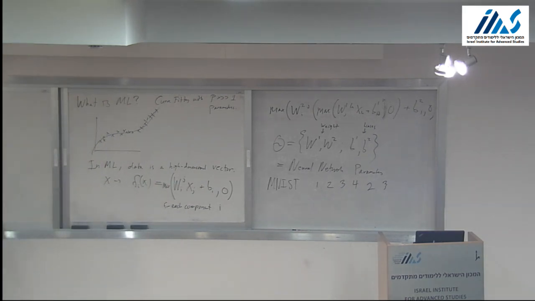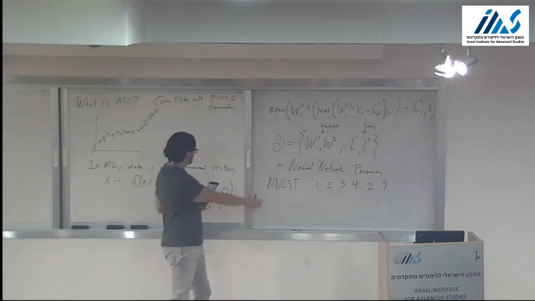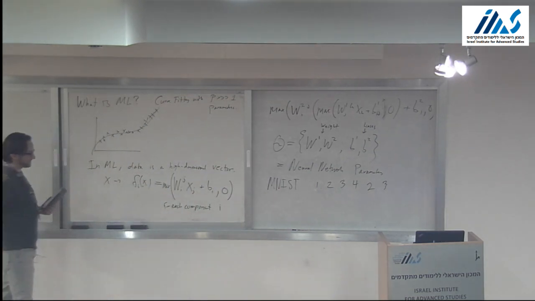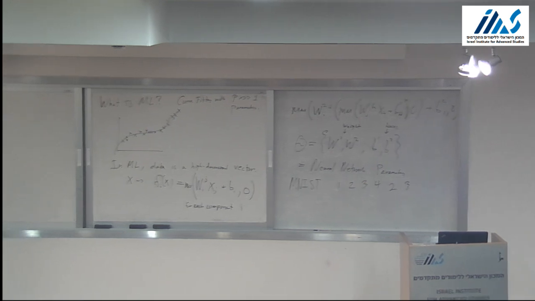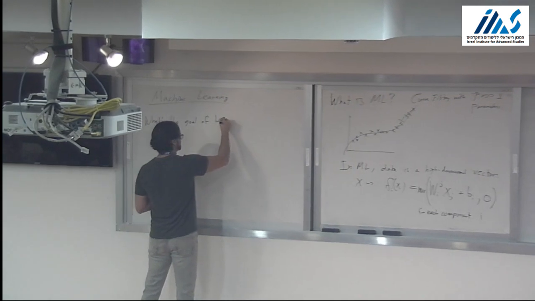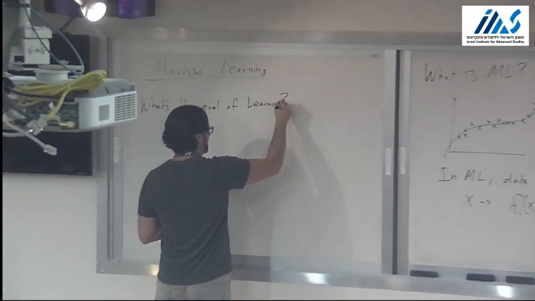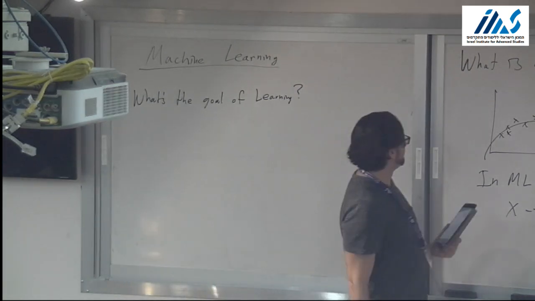Okay, so now I've just described some very basic way of constructing functions when your data is a high-dimensional vector, and this is what we use. The next question that we have to answer is, what's the goal of learning? So I'm going to break ML down into basically 3 questions.